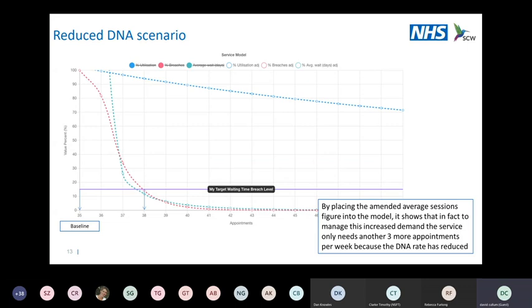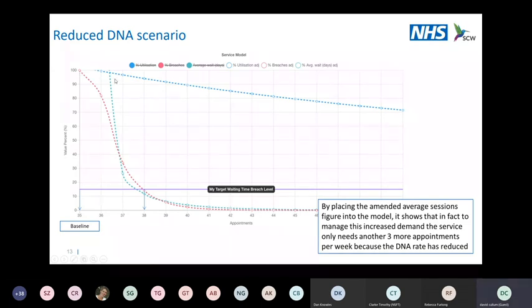This is one of the things I think that's revealing about this approach: look at the difference. You're right up at 100% missing. None of the children and young people are going to meet the wait time standard if you stick with 35 appointments. They're all going to be waiting longer than 28 days.